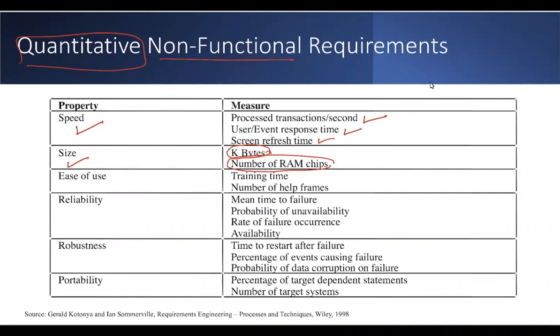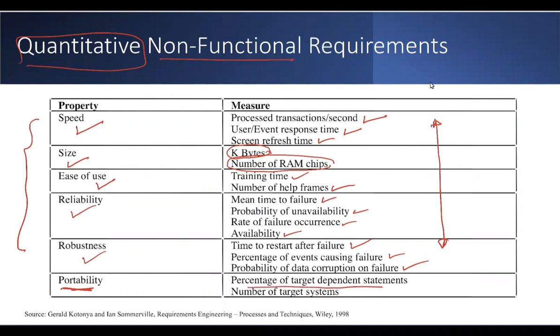Using those quantitative measures, it's easy for me to quantify those non-functional requirements. Finally, portability. When we refer to portability, we could quantify this using the percentage of target-dependent statements, as well as the number of target systems.